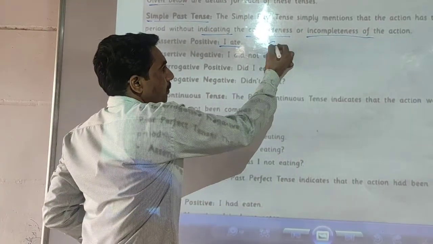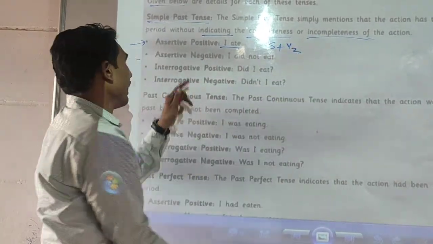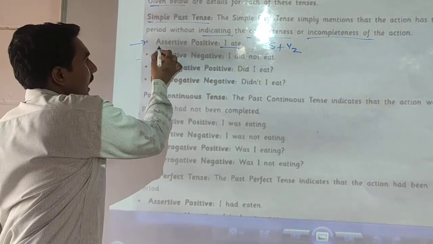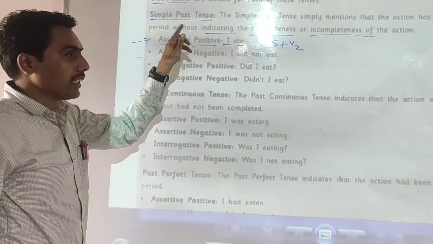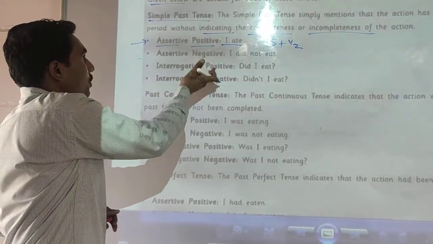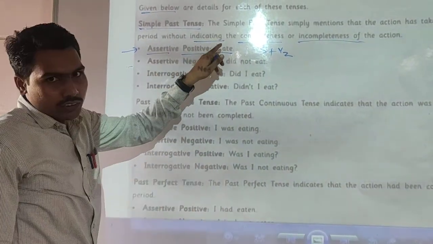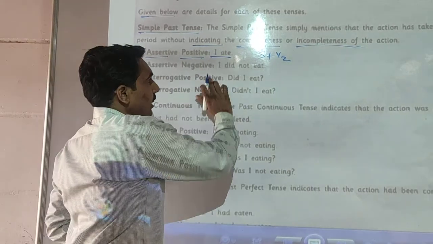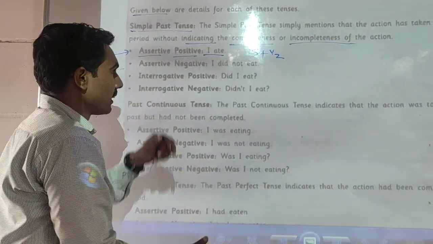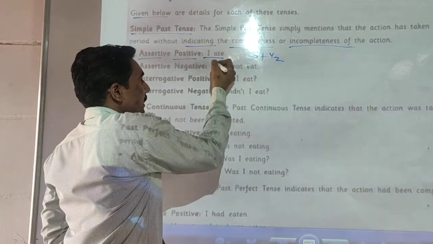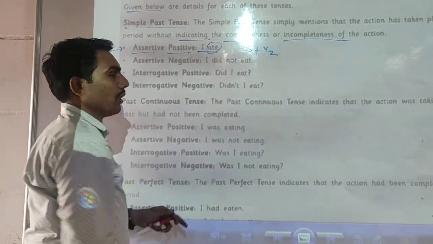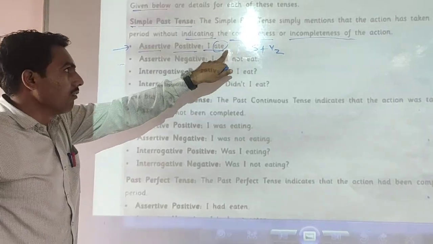That means subject plus V2, okay, and we can say that it is an assertive positive. It is a type of sentence which shows the assertive positive, or we can say the declarative sentence. That means in simple past tense the subject plus verb second form come, always remember this, okay, verb second form.